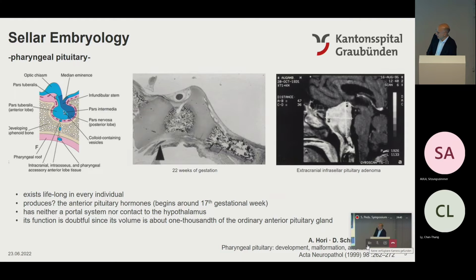I make a question mark here because the staining was positive, but there are hints that active hormones can still be produced. In the past, for the treatment of metastatic breast cancer, they did a surgery called hypophysectomy.